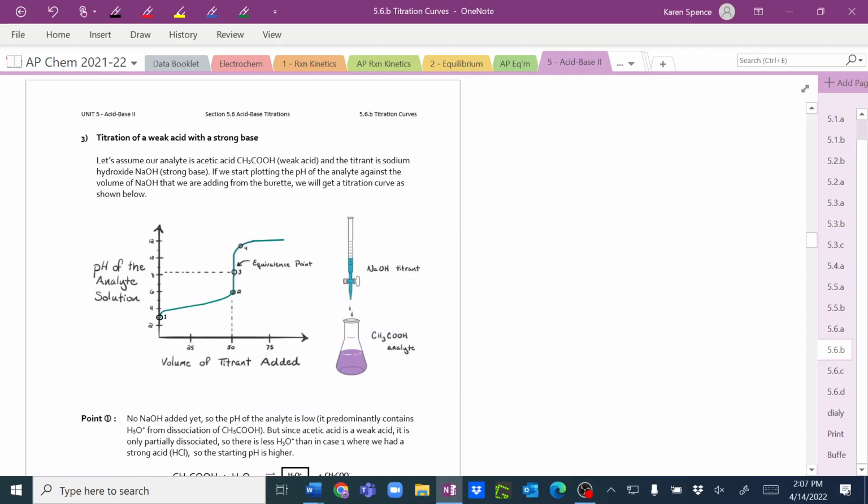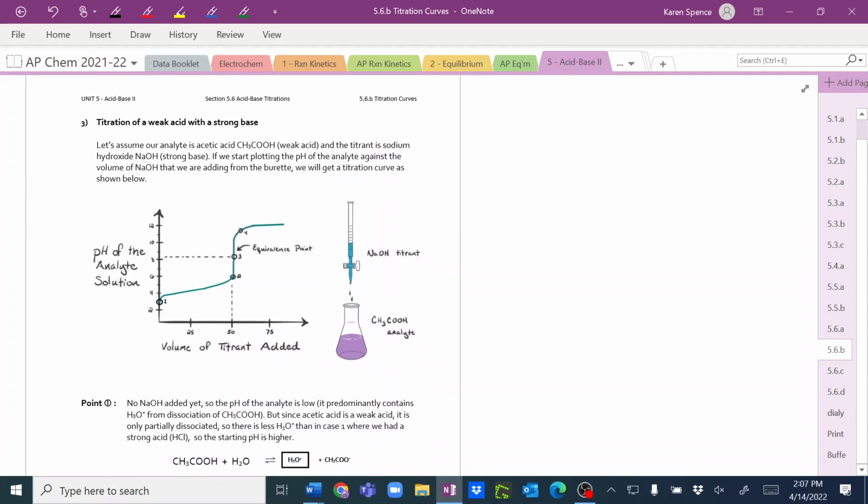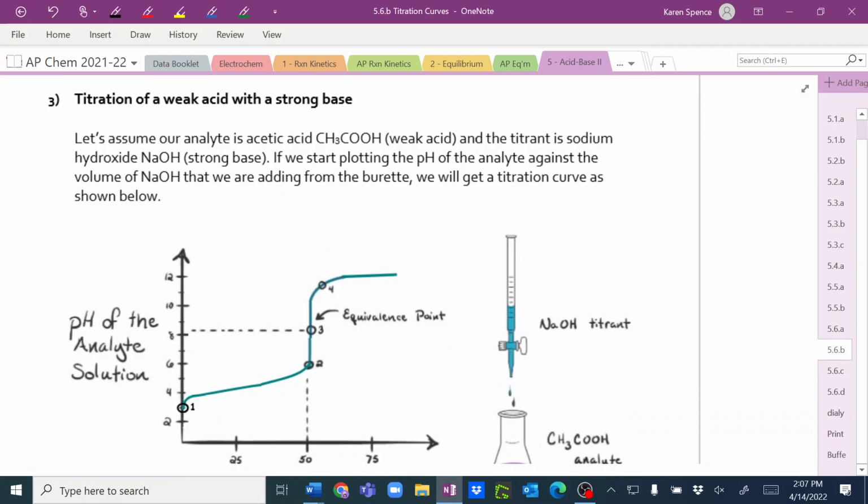Okay, now we get into the exciting part. Titration of a weak acid with a strong base. Let's take a look at this curve and tell me if you can see things that are different about it from a strong curve. There are a few things that are different.